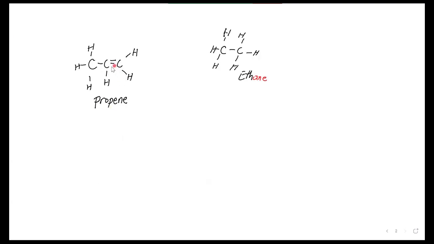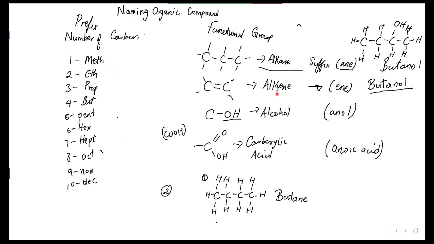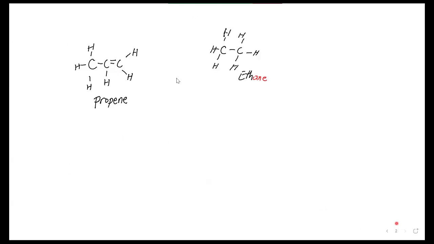And because there is a carbon to carbon double bond present in the molecule, it's an alkene, so it ends with ene. So the name of this now is propene. So we put the prefix from the number of carbons with the suffix from the functional group. Clear?